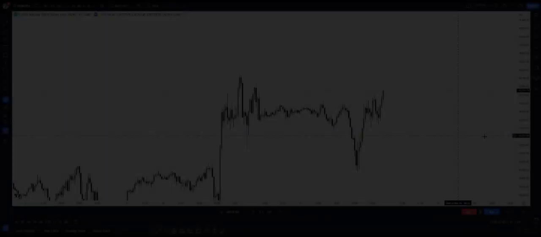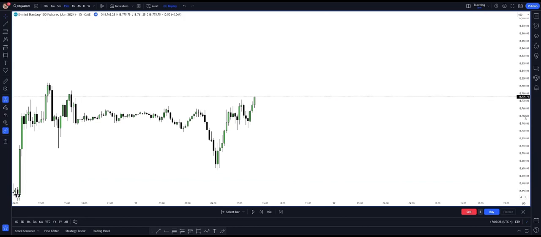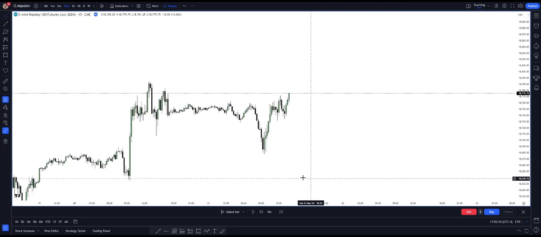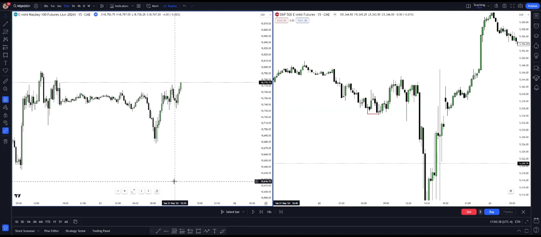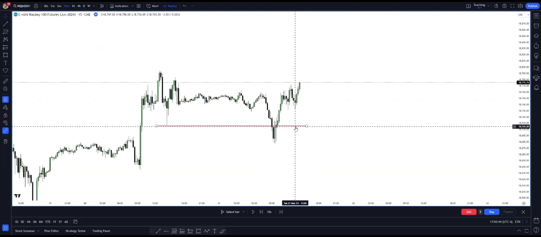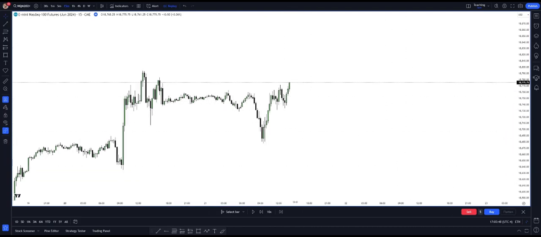All right, guys, let's dive into the charts. Now here I'm looking at Nasdaq June contracts on the 15-minute. The reason I'm looking at the 15-minute is because I'm not going to pull ES just yet. Here it took sell side, expanded higher, and after the expansion it consolidated a little bit, right?